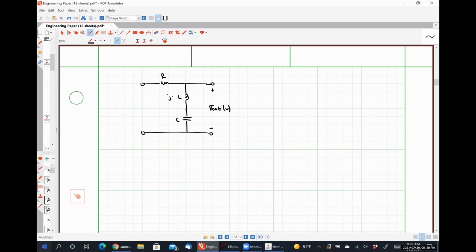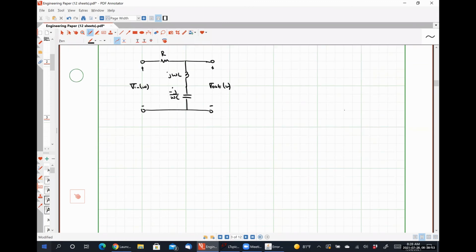So call this J omega L and negative J over omega C, dealing with the impedances explicitly. And we get a transfer function of J times omega L minus 1 over omega C divided by R plus J times omega L minus 1 over omega C.